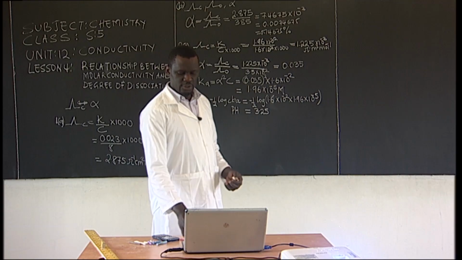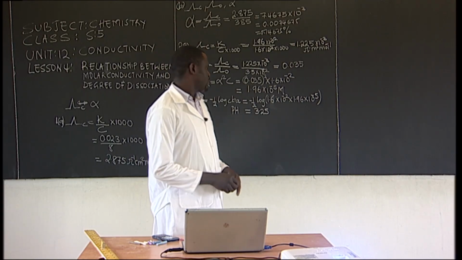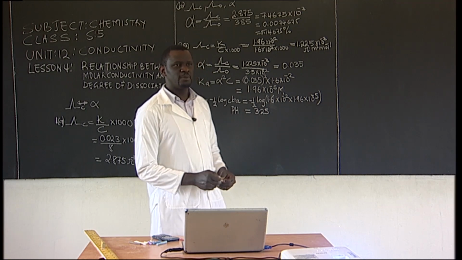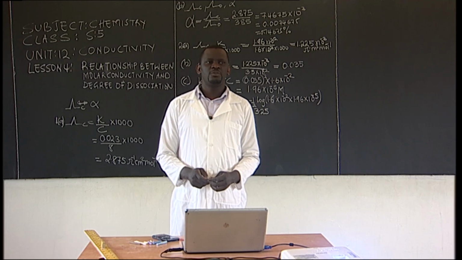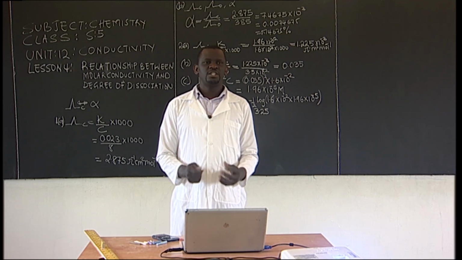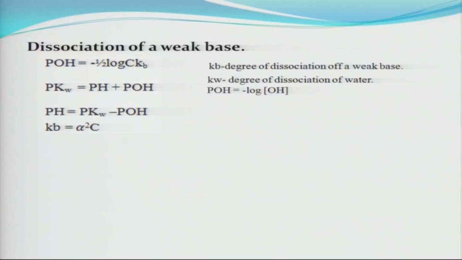So let's go and talk about when we have dissociation of a weak base. For weak bases, they dissociate differently. Instead of using pH, they use pOH. Why? Because of the definition of bases. We have 3 definitions of bases.